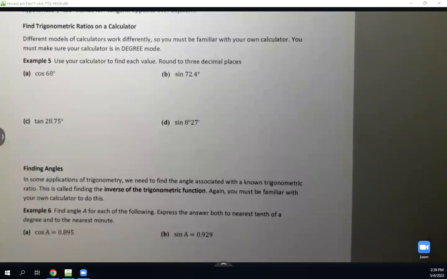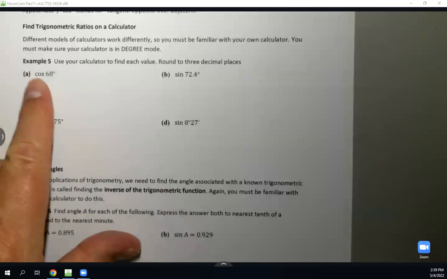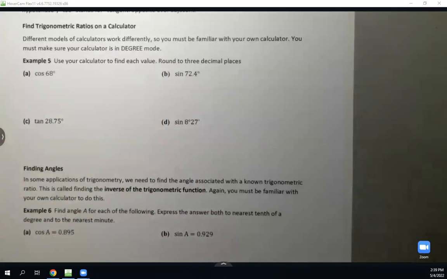So, find trigonometric ratios on a calculator. Different models of calculators work differently, so you must be familiar with your own calculator. You must make sure your calculator is in degree mode if we're using degrees, okay?